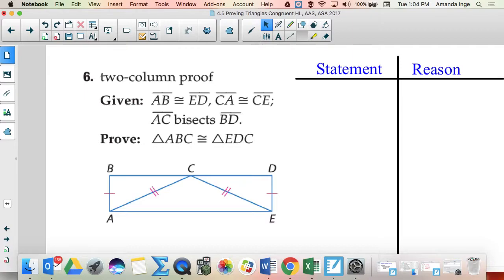Y'all, if you're not writing down the examples that I'm giving you and coming for help, you're going to have a hard time with it. So if you didn't do this one last night, draw the picture on your piece of paper, write the statement and the reason, write the given information down, and what you're trying to prove, because I'm getting ready to do it.